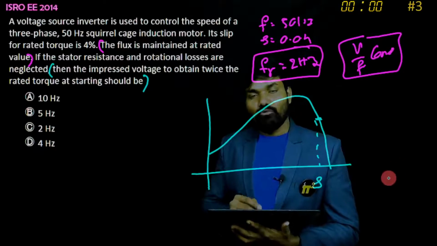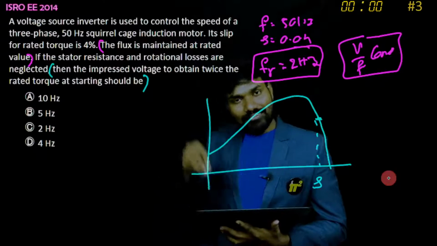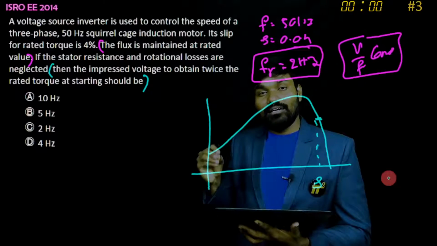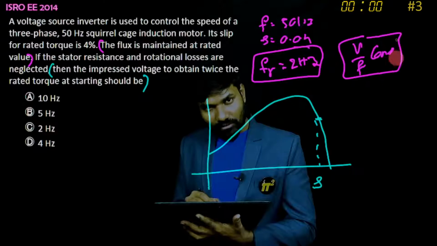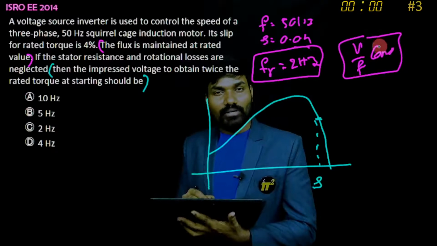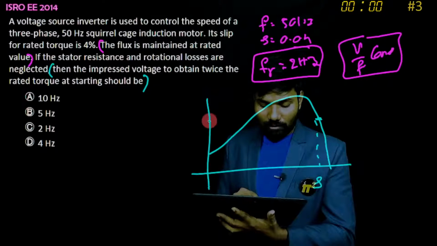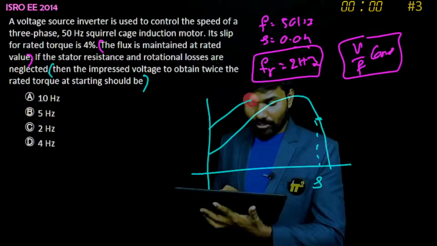It is a V by F control method. When you try to control by the V by F method, what will happen? This curve will be shifting, like this.